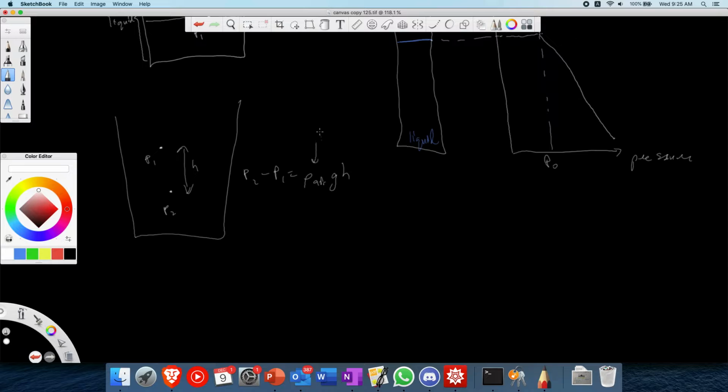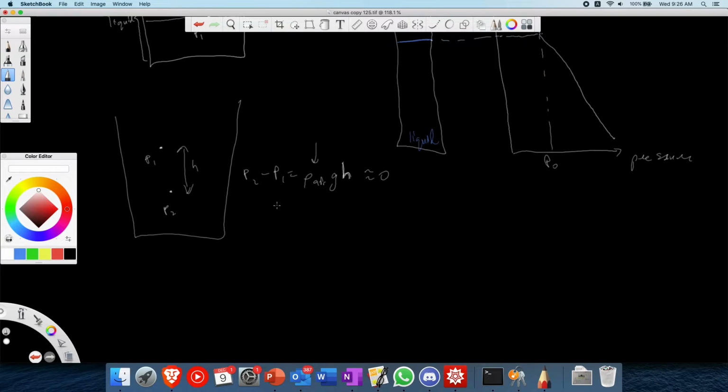But rho of air is very small. If h is approximately 1 meter or so, in the scale of a room where the air we're breathing right now, h is really small, and hence this term is approximately 0.